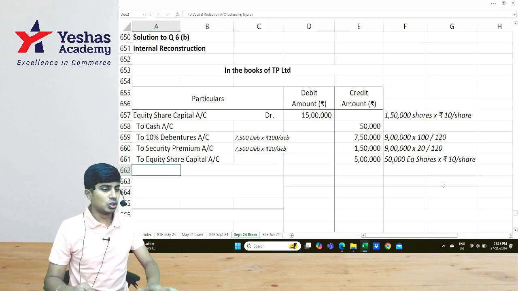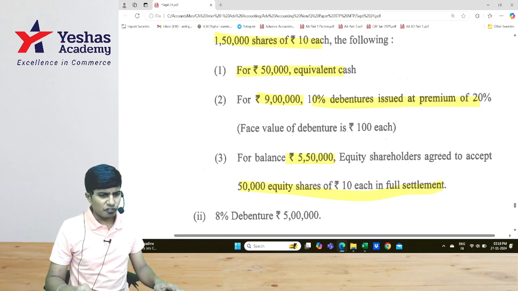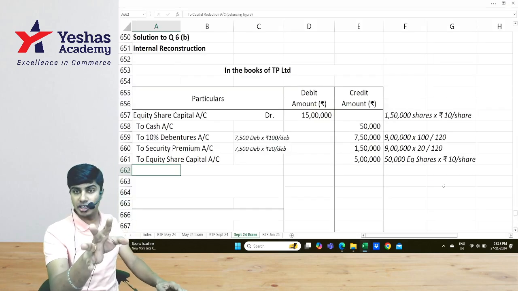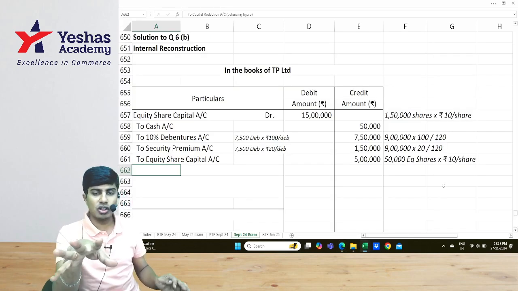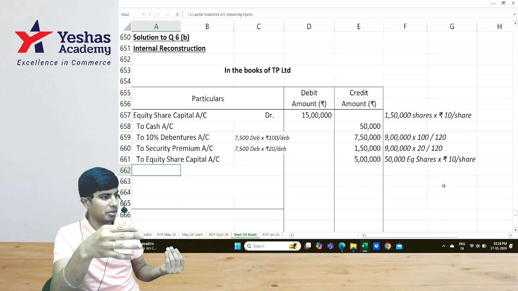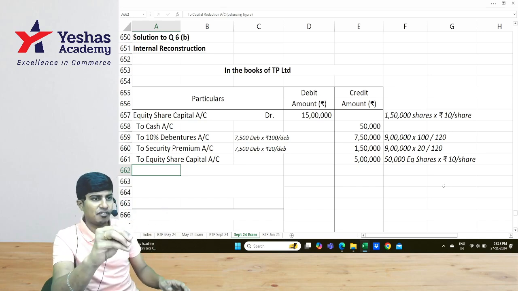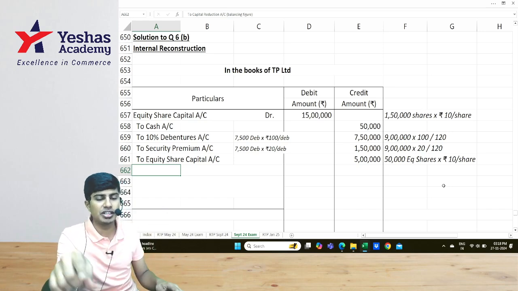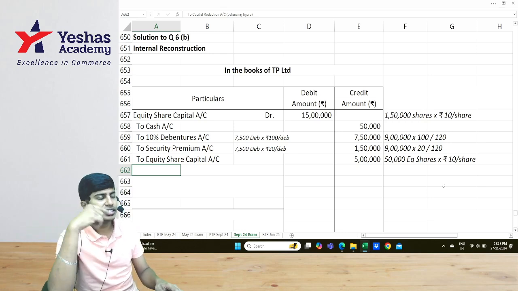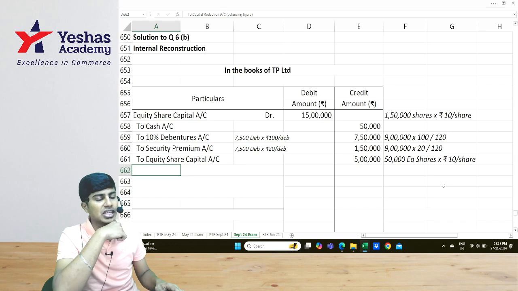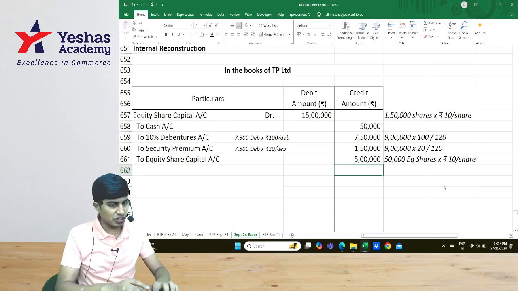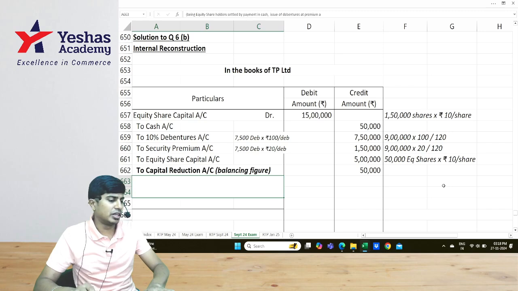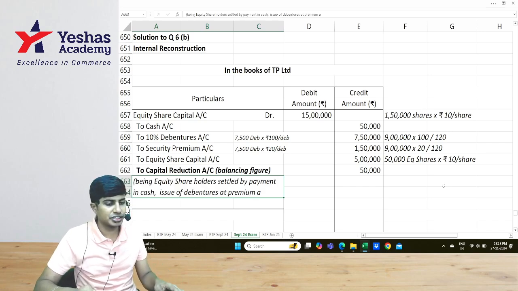For the balance 5 lakh 50, there is no securities premium. The balance will be capital reduction. They are not giving 50,000 worth of premium. Check the balance: 15 lakh minus 50,000 minus 7 lakh 50 minus 1 lakh 50 minus 5 lakh. 50,000 is the balancing figure, and that is capital reduction. Do you get this?